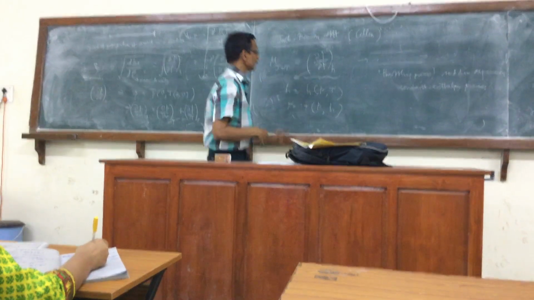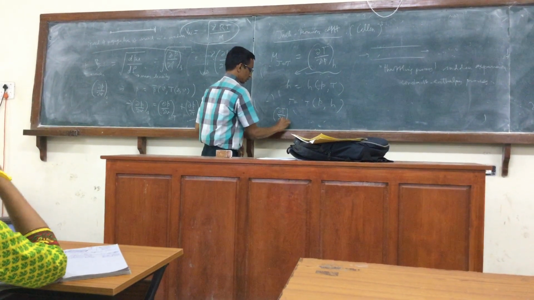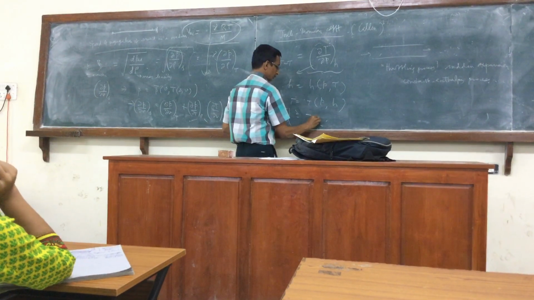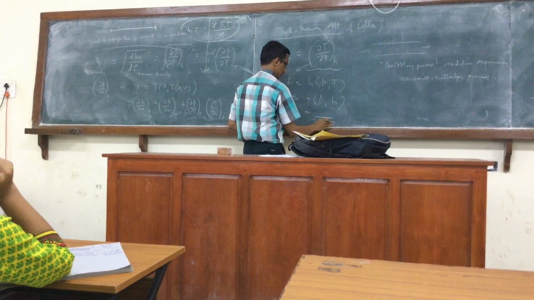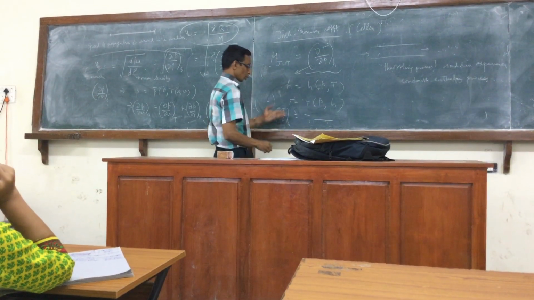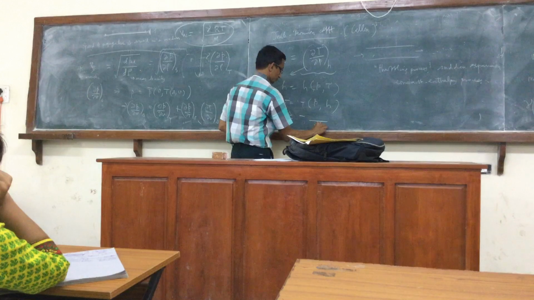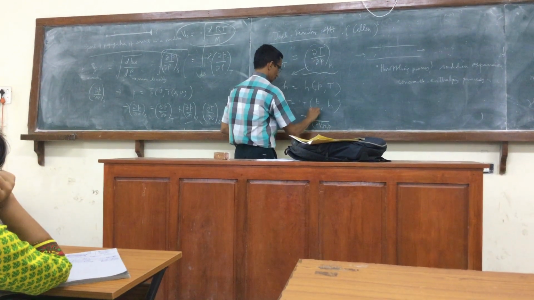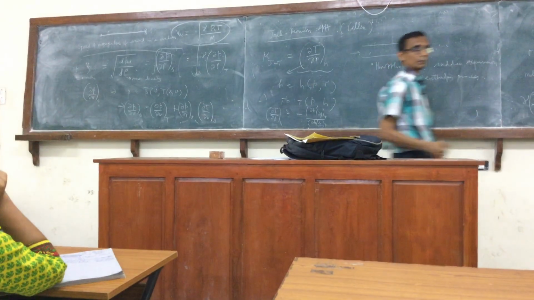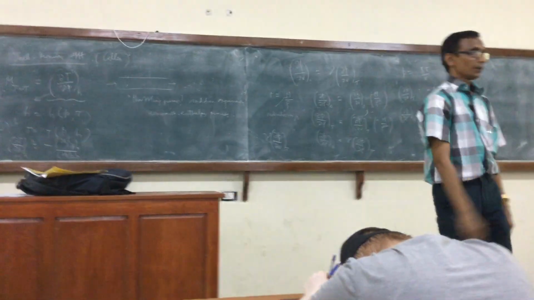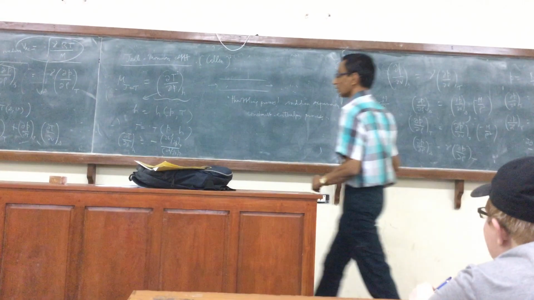It is very easy to see that dT by dP at constant H is equal to the negative of dH by dP at constant T divided by dH by dT at constant P. That is what the inverse function gives.